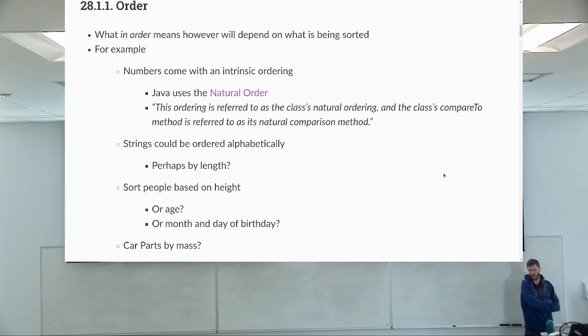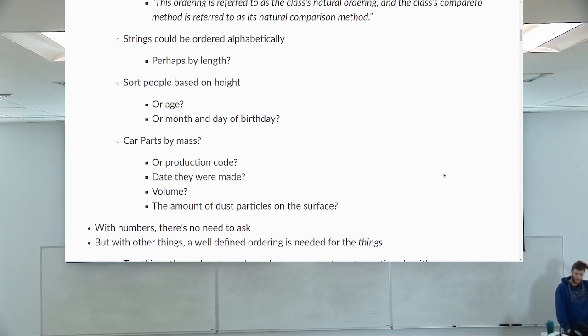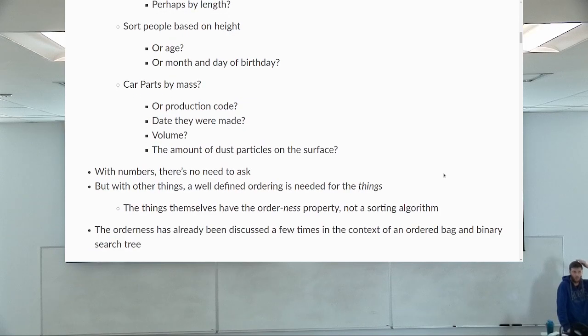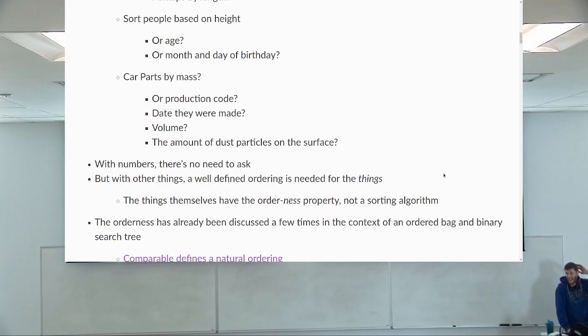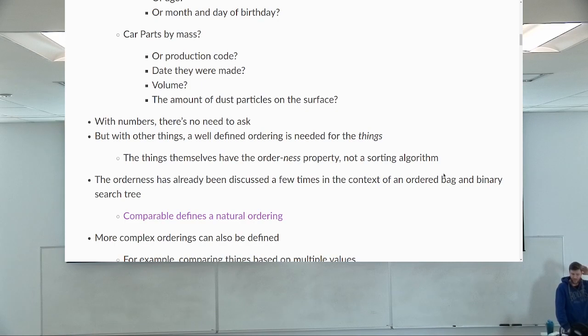Right? Because there is a natural ordering for these things. Strings could be alphabetical or maybe by length. People by height or maybe age or month and day of birthday, I don't know. But the point is how we want to order them could differ depending on the situation. Car parts by their mass, maybe part number, production date, volume, the amount of dust particles on the surface, I don't care. It could be anything we want.